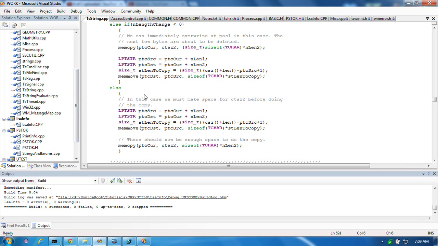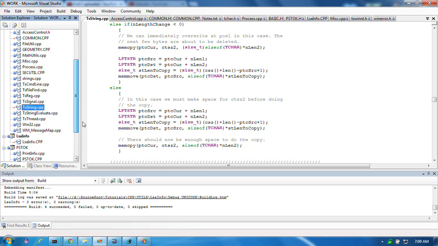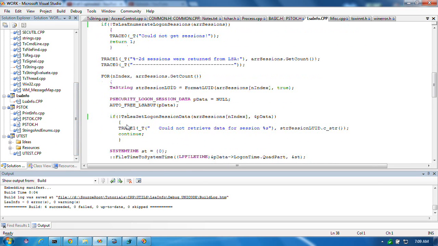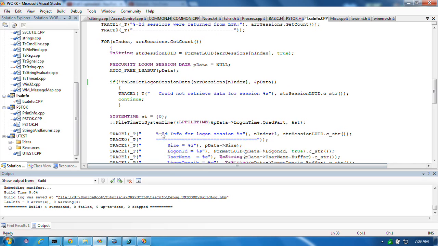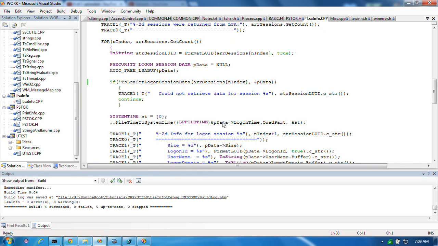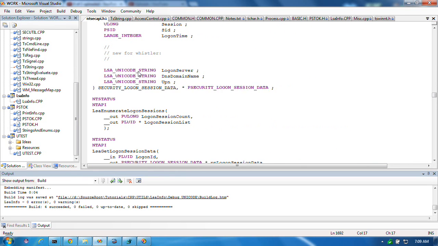Another one that came up was, you remember I was talking about those LSA string things? Like these things, this data structure has these Unicode strings, and I made a wrapper around it.